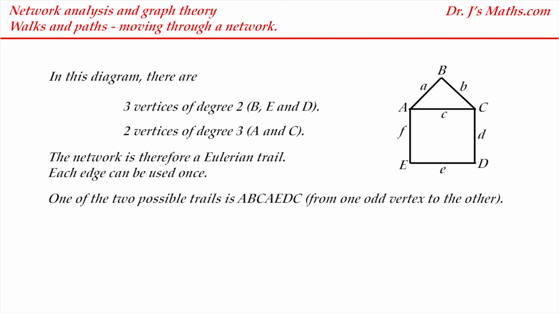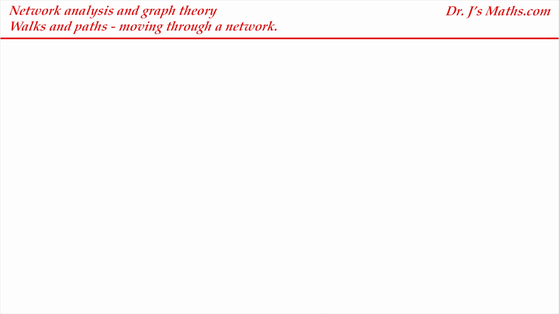There are two possible trails because remember the trails have to start either at A or C. So therefore we're going to go A, B, C, A, E, D, C. We're going from one odd vertex to the other. You can do the one yourself starting from C.